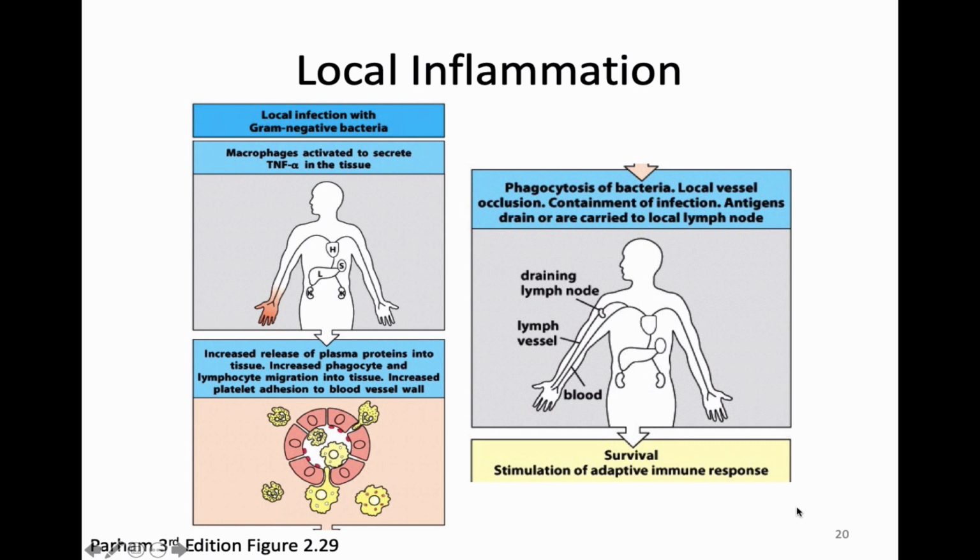You will see that the macrophages in that tissue will start to secrete cytokines. We will see changes in the vasculature in that local area, like the hand, where we will see inflammation. So you can see the hand is red. Eventually, we're going to see those bacteria become phagocytosed. We're going to clear up that response and we'll live happily ever after.